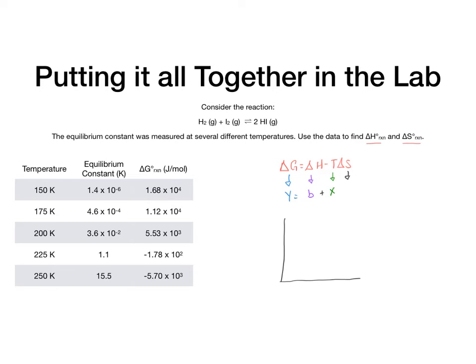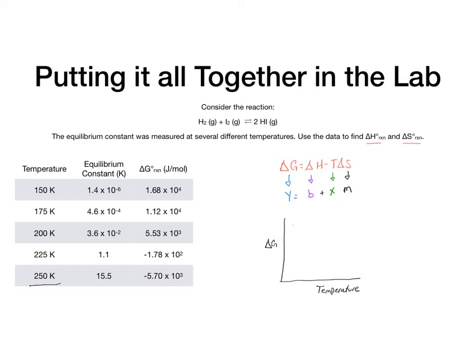y equals x times m, because what we have, the data that we have, is the temperature, which is the variable that we are controlling on the x-axis, and delta G, which is the variable that we are measuring on the y-axis.